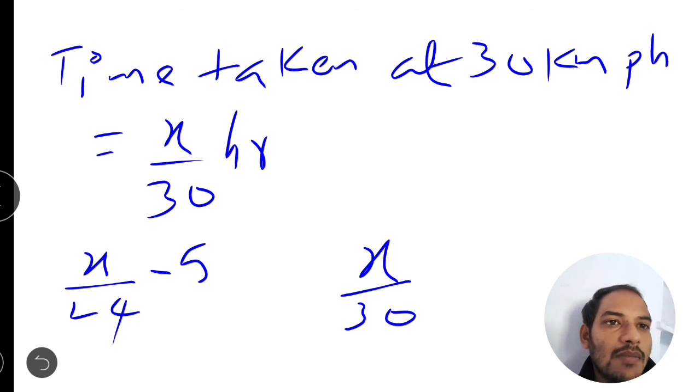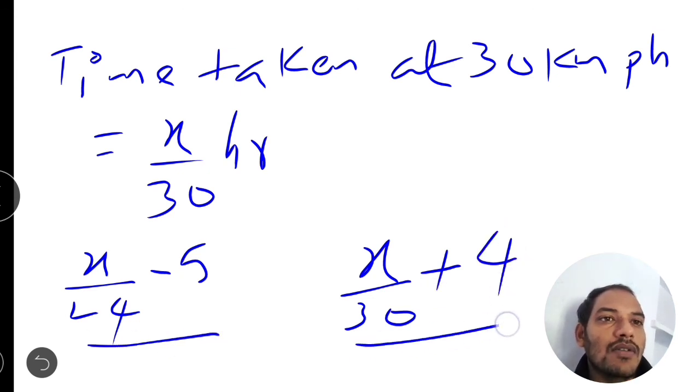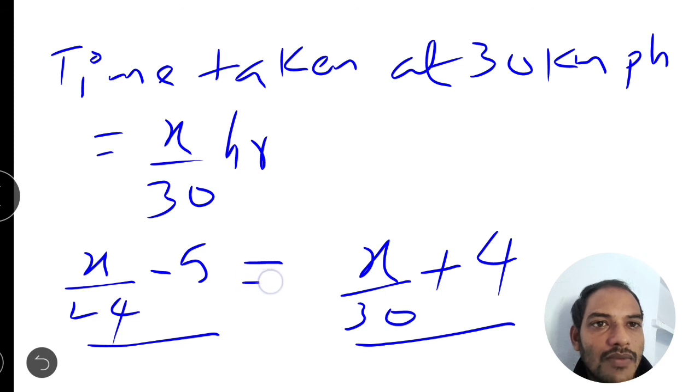Next here, similarly, x by 30 is the actual time when the moped is driven at 30 kmph, but at this rate he reached the destination 4 minutes before. So add the 4. So it is the actual time, and it is also the same time to travel the same distance. So both are representing the same timing of the same distance. So that is why I take the equal symbol.